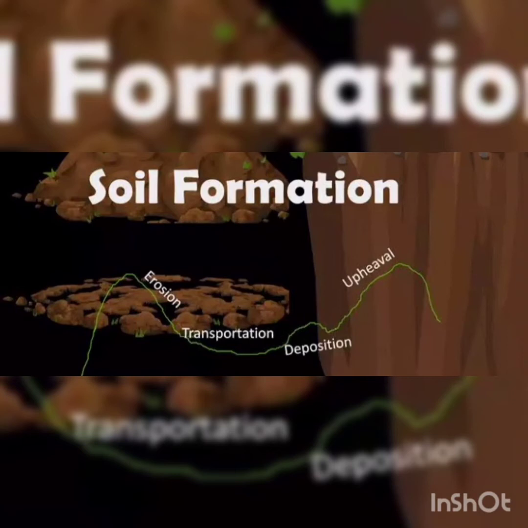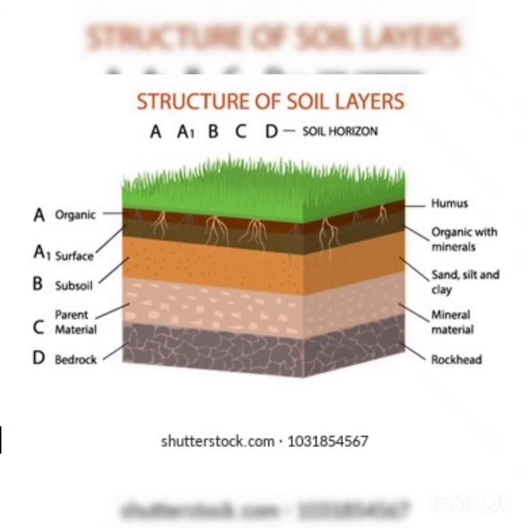Some of these get carried by river water for miles. They get pushed against each other and become even smaller. This process continues till the tiny rock particles mix with decaying organic matter, that is dead plants and animals, to form soil.